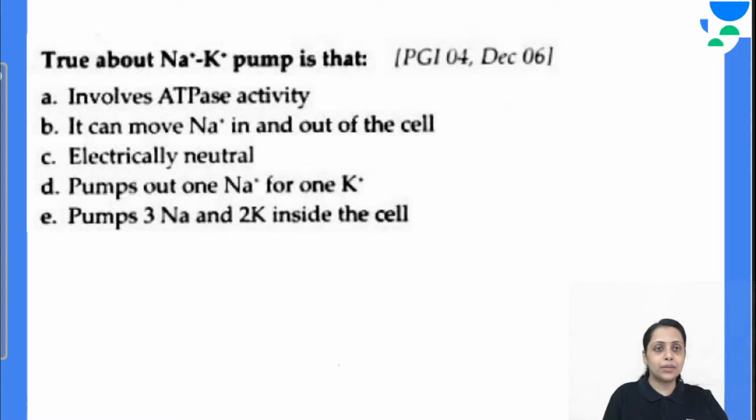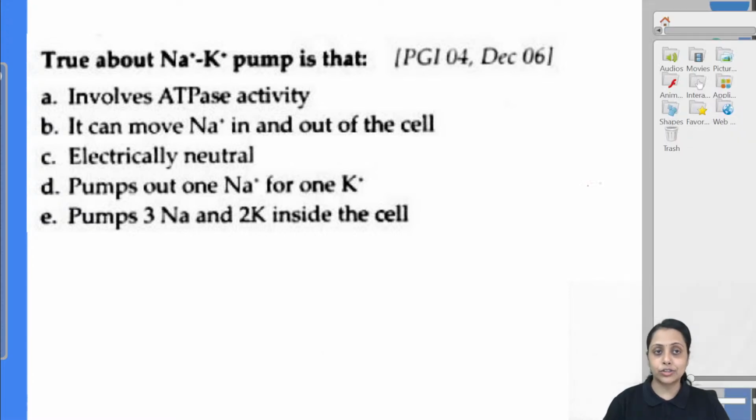Coming to the next one. This is a nice question for everybody. True about the sodium-potassium pump is that it involves ATPase activity. It can move the sodium in and out of the cell electrically neutral. It pumps out 1 sodium for 1 potassium. It pumps 3 sodium and 2 potassium inside the cell.